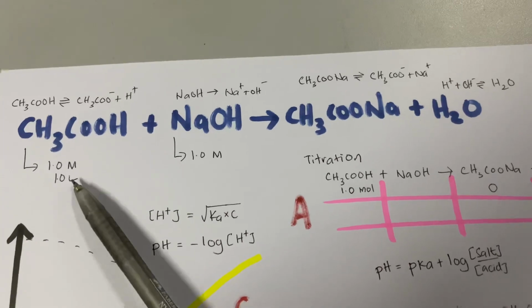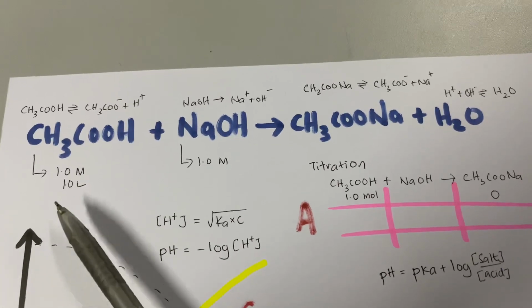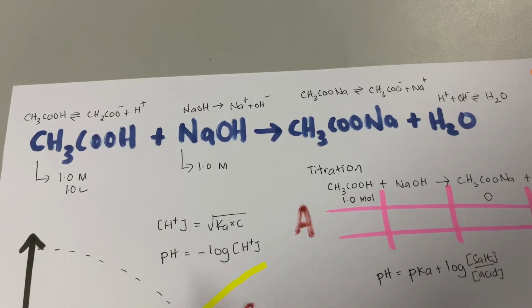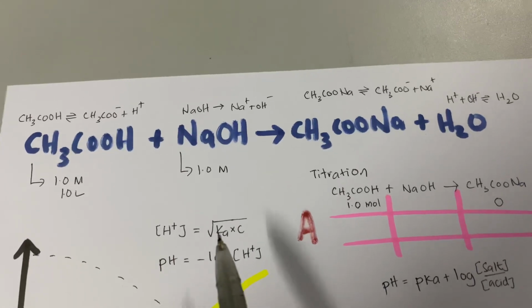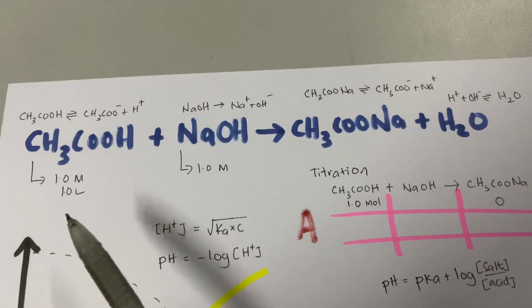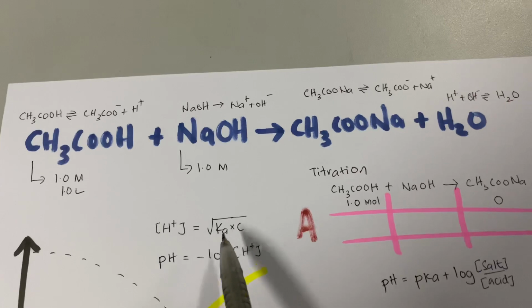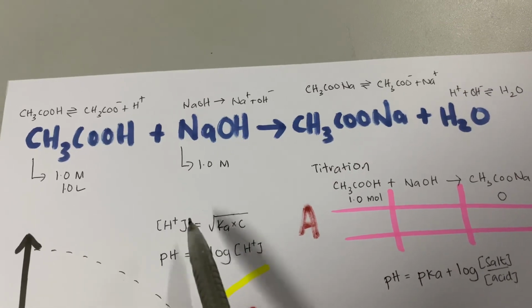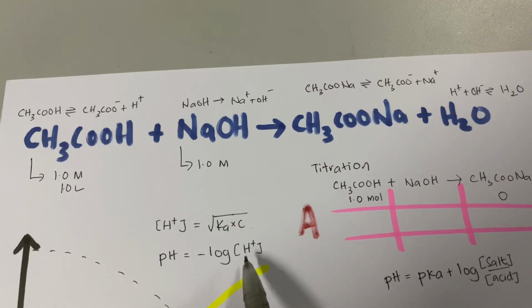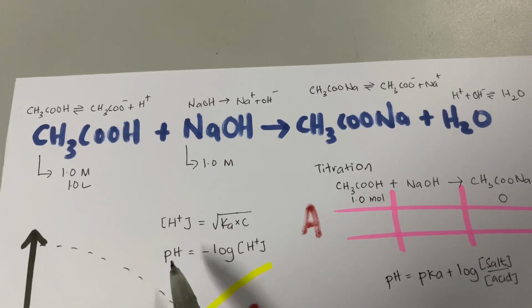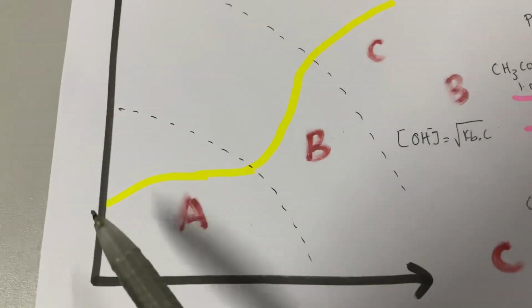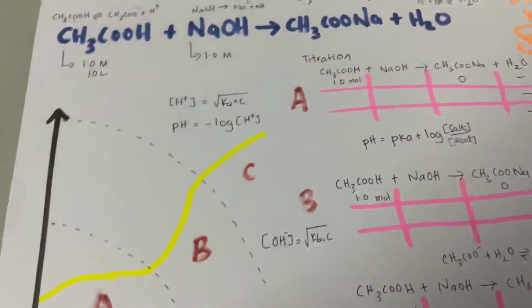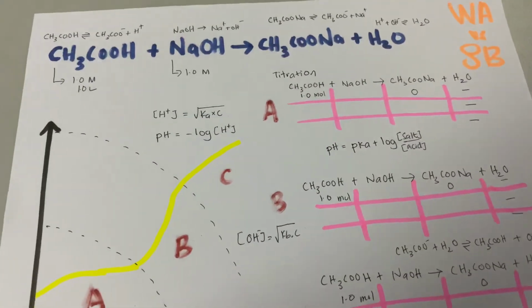Ka is not written here, but in the question, it will be given to you. So Ka times C, where C is the concentration, 1 molar. You times with Ka, square root it, and you will get the concentration of H+. Just plug it in negative log H+, and you will get the pH at the beginning of the titration. That is for the weak acid.